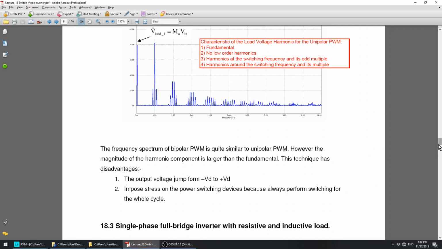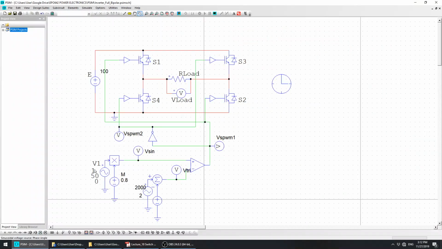That's it. So now let's refer to my Padlet. I've already uploaded the PSIM circuit simulation for unipolar and bipolar PWM. So just run the simulation and reproduce the waveforms in your notes, so that you can compare and understand easily. Right, so let's look at this bipolar PWM, whereby you only have one comparator.